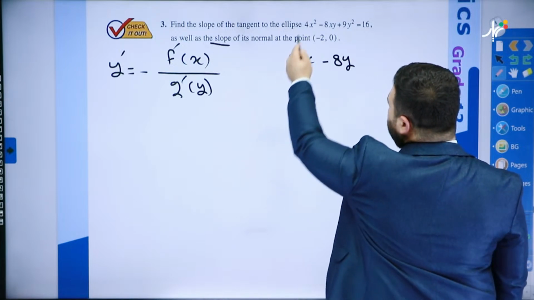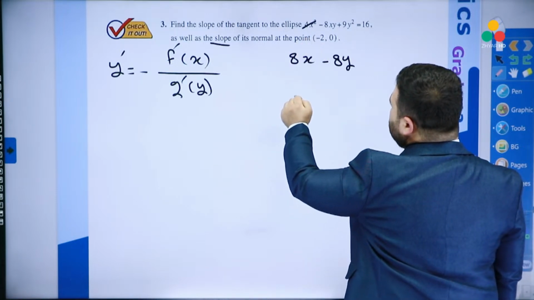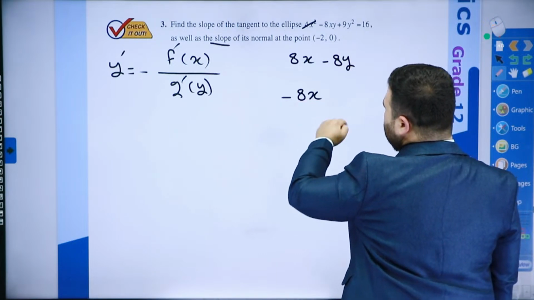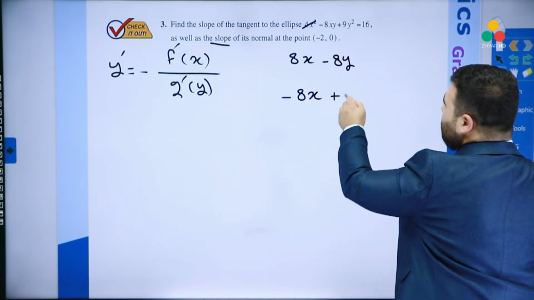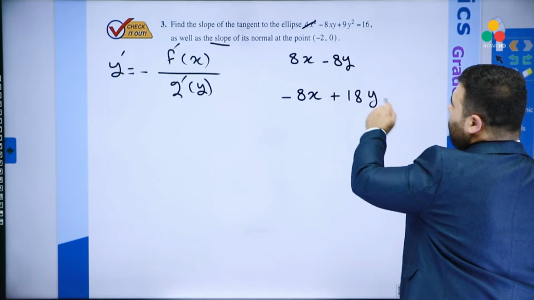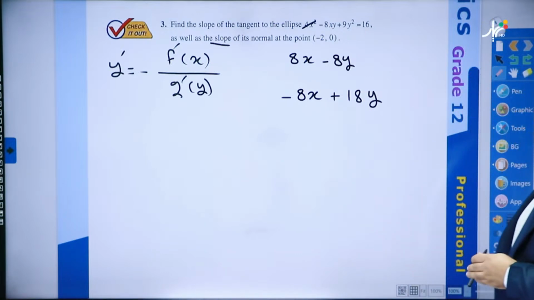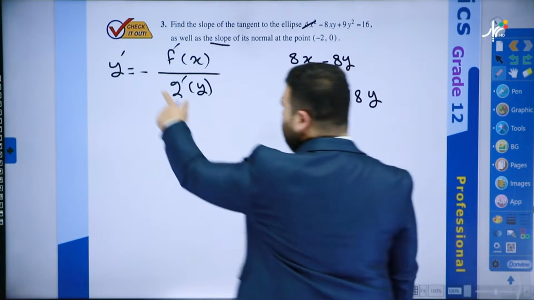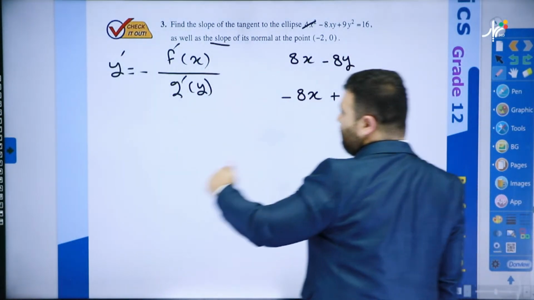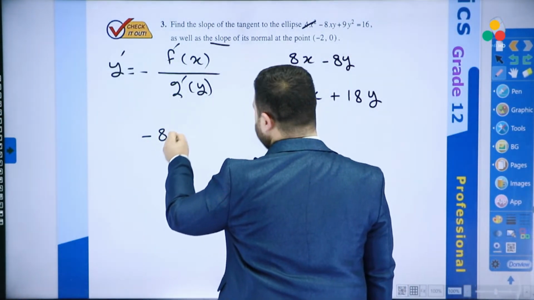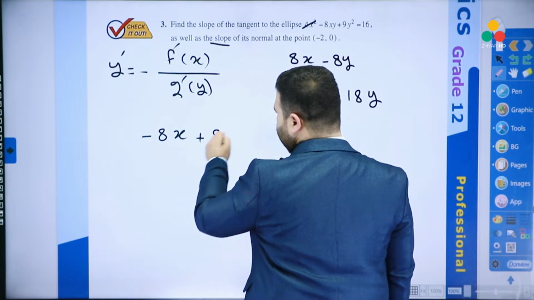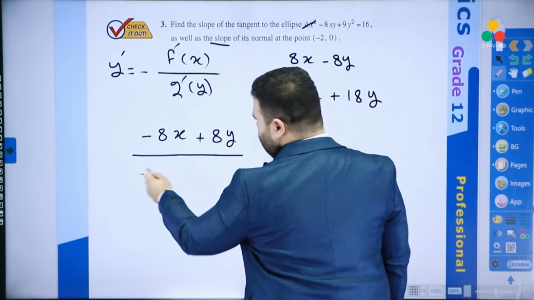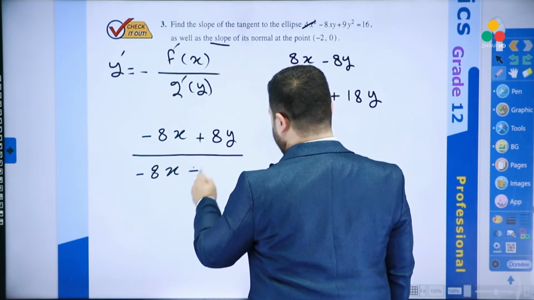Derivative according to y, this part will be 0, this will be negative 8x, the y will go, plus 18y. 9y power 2 will be 18y. Now, going back there, this negative will change these, so it will be negative 8x plus 8y over negative 8x plus 18y.